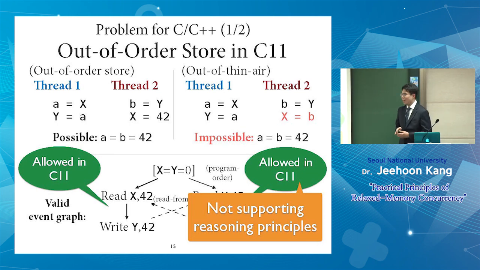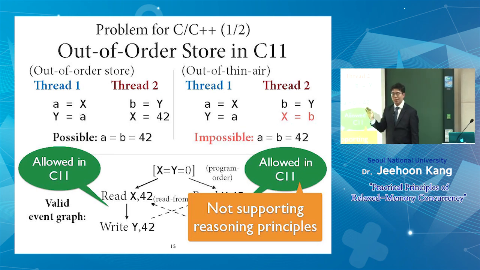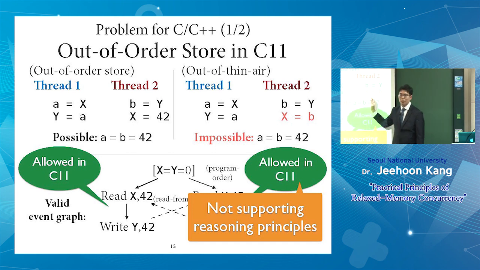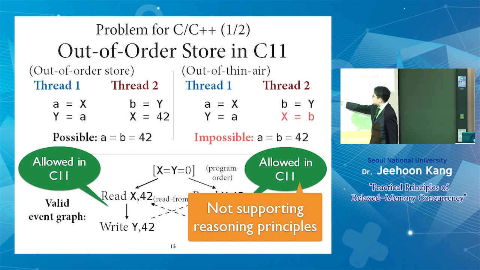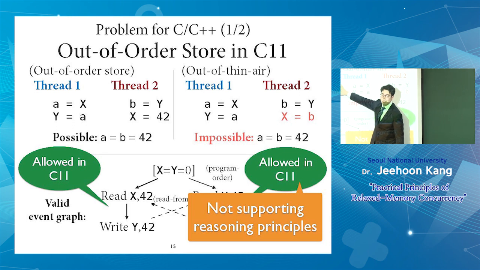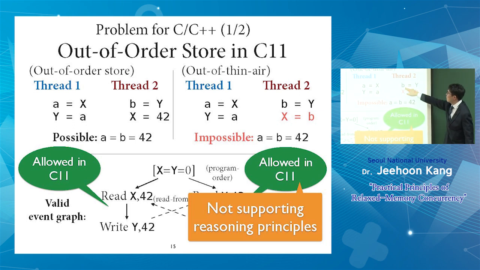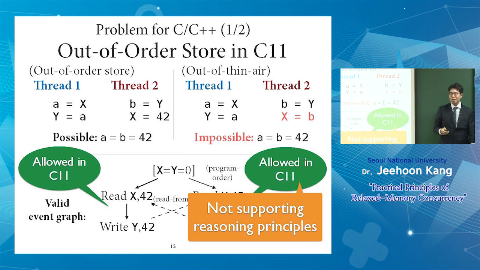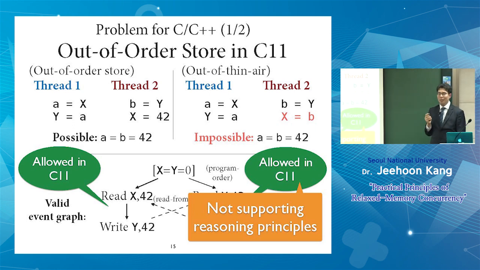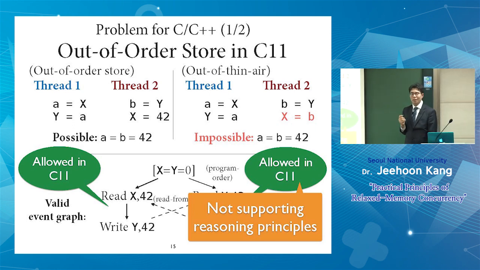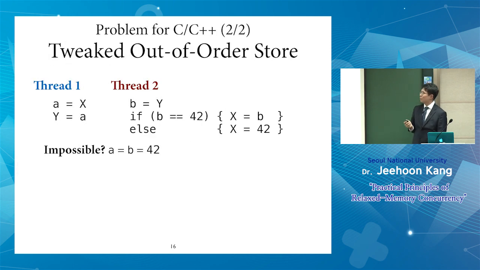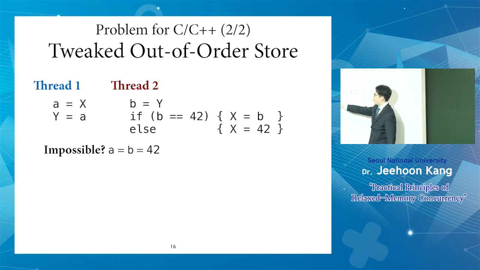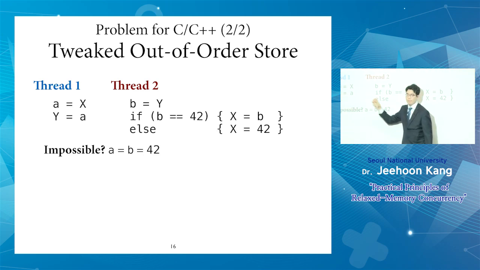So you may think that it is not difficult to distinguish these two examples because there is no dependency between these two instructions, but there is a proper dependency between these two instructions. However, the problem is more subtle than that. Let me tell you what the subtlety is with an example. This is the tweaked out-of-order store behavior. Basically, thread 1 is the same, copying the value of x to y.